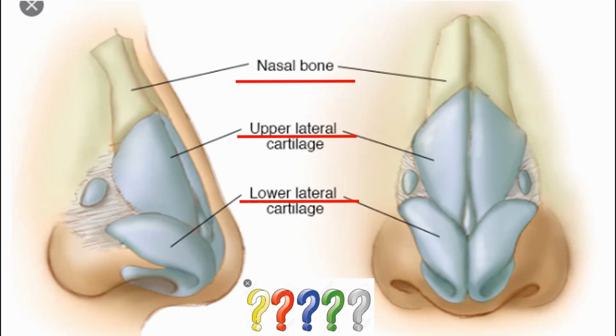Here is the upper lateral cartilage. It is inferior to the nasal bone, and the 2 meet in the middle, and they are large ones. And then lower lateral cartilages, these are also large ones, and they represent the anterior part of the nares, and there are several small cartilages.